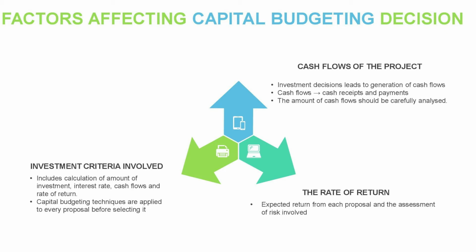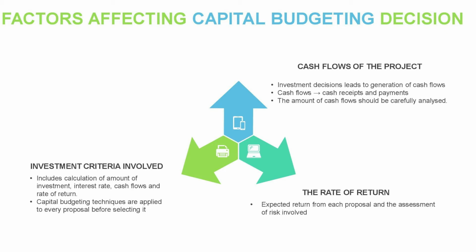These include cash flows of the project, wherein the amount of cash receipts and other payments are carefully analyzed and calculated. The rate of return, where again a careful analysis is done with respect to the return from each of the proposals and also the risk involved in investing in such proposals.